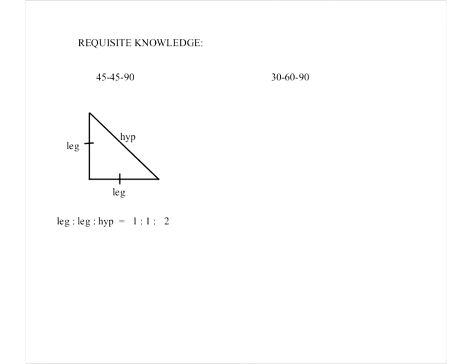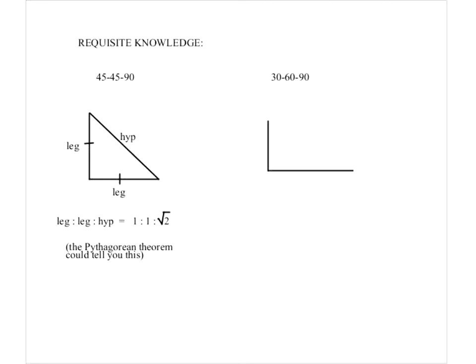And that's just something you have to know, much like you would just have to know that the area of a circle is pi r squared. In this case, the Pythagorean theorem could tell you this.